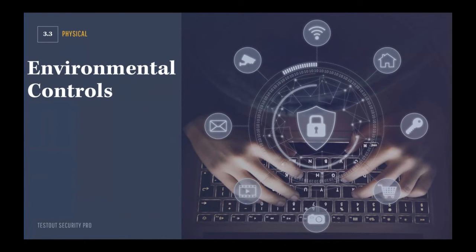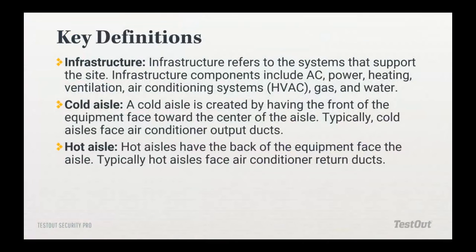It's also important to protect your environmental controls. Some of the definitions that we will be looking at with these include the infrastructure. Your infrastructure refers to the systems that support the site. This includes your power, your AC, your heating, your ventilation, gas, and water. All of that is important to be protected. You can also create a cold aisle.